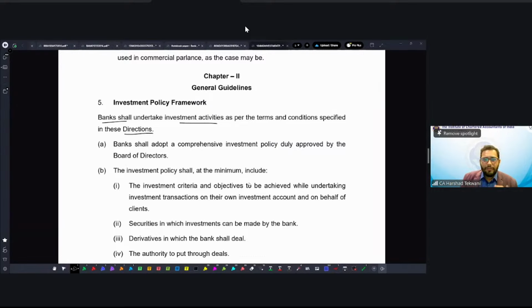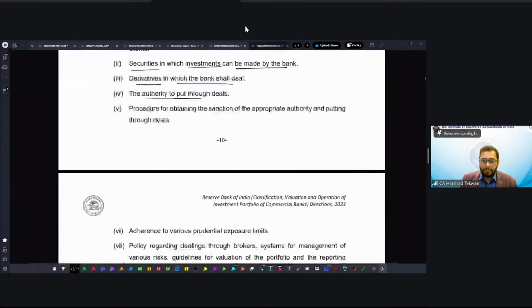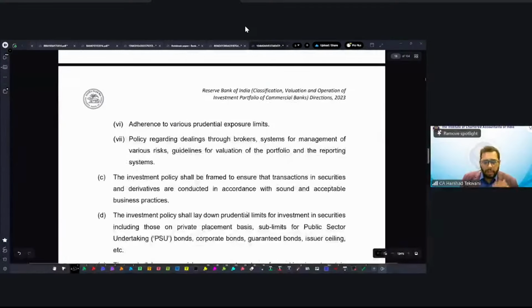First of all, a bank shall adopt a comprehensive investment policy, approved by the board of directors. This policy should provide the investment criteria, the securities in which investment can be made by the bank, derivatives in which the bank shall deal, and the authority to put through the deals, like who will be authorized to carry out the deals, and the procedure for obtaining the sanction of the appropriate authority. All those things are there.